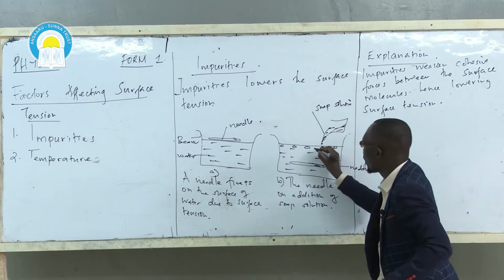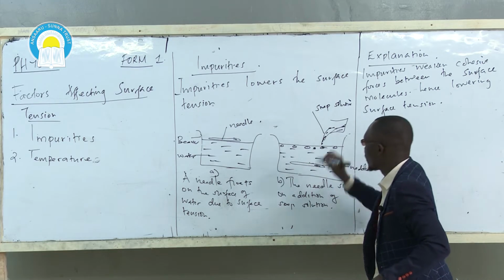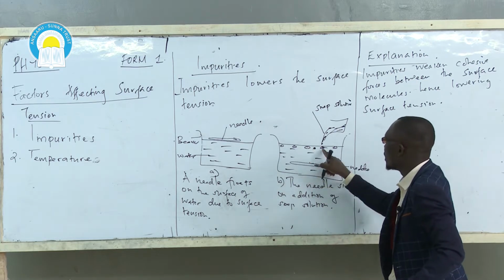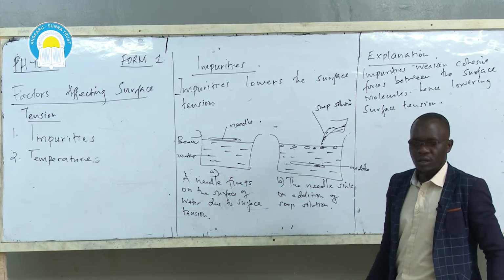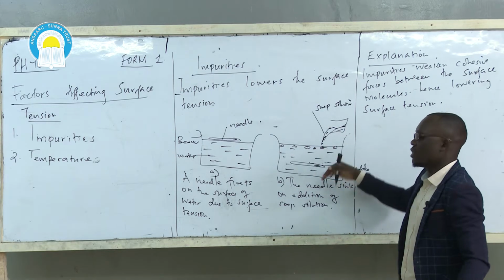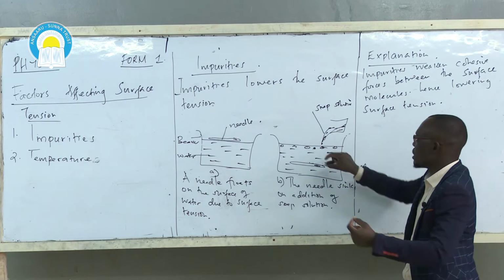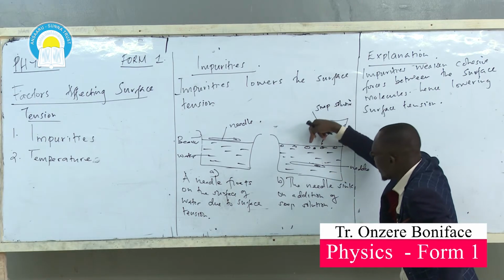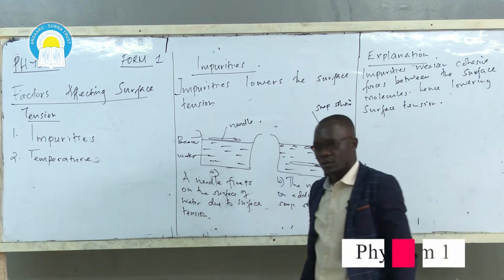Once foreign particles get in, they weaken these forces of attraction between this water molecule and this other water molecule. Once that force is weakened, then the strength which is making the skin elastic will be weakened, and therefore the needle sinks in the liquid.